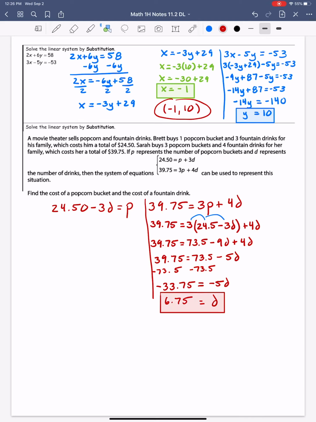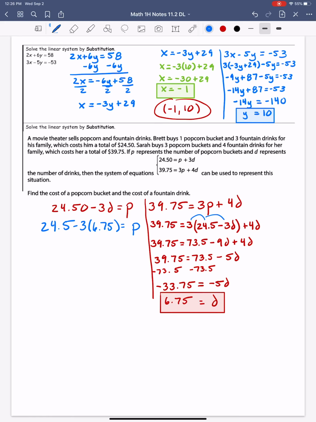So that's going to be the cost of the drinks, right? And then we'll go ahead and find the cost of the popcorn by taking this and plugging it in to my other equation here for d. And so we're going to end up here with 24.5 minus 3 times 6.75 equals p.